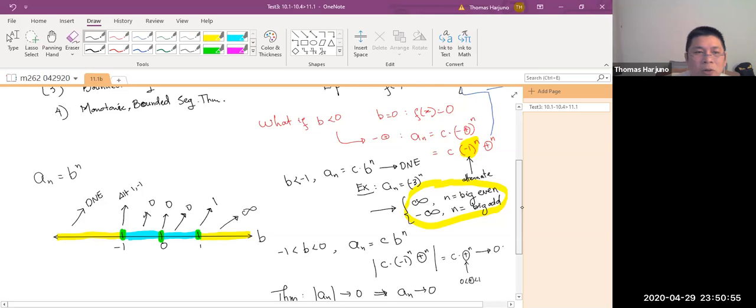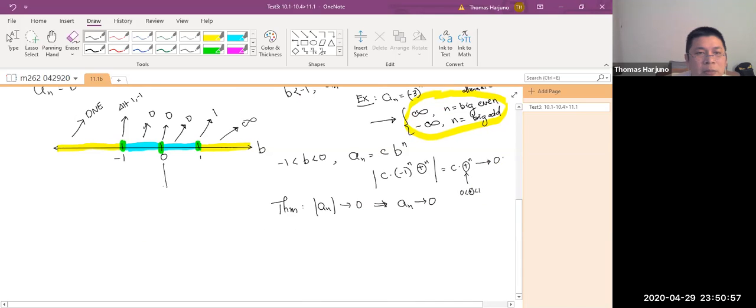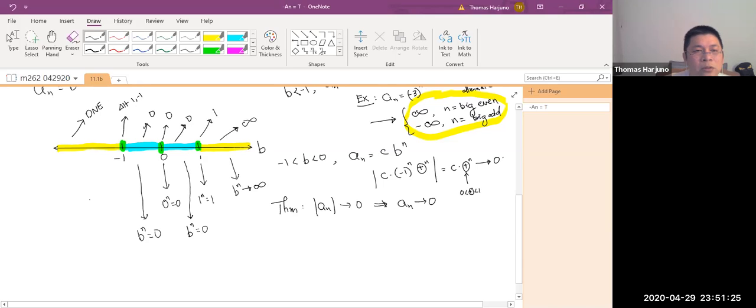Maybe I say it this way. 0 to the n is 0. 1 to the n is 1. Any number here to the n will go to infinity. Any number here, b to the n, will go to 0. Any number here, b to the n, will go to 0. This one here, b to the n, is divergent.